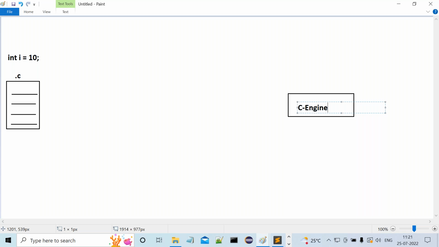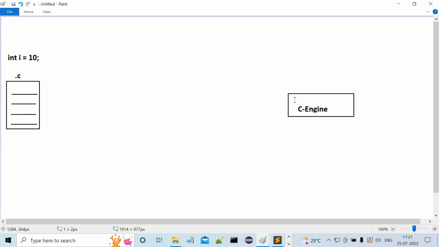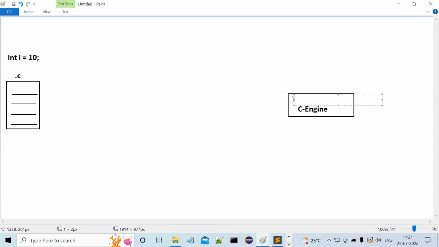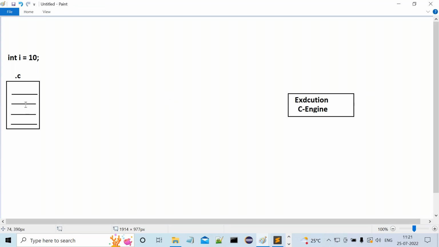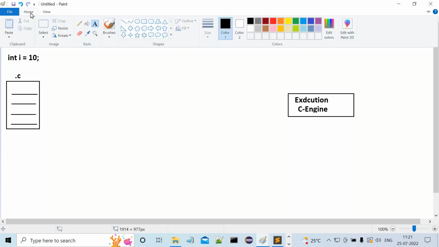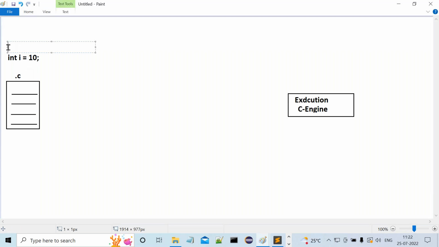So to run C programs, we need an engine. That engine is the C engine. Now the C engine performs the execution. Here we write the program in a high level representation, in a high level language.